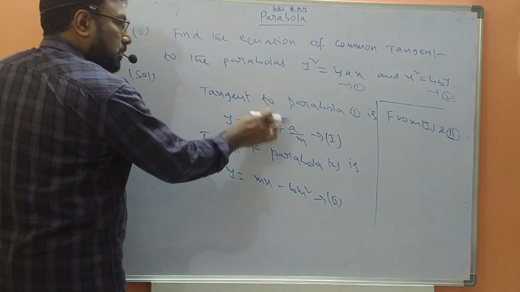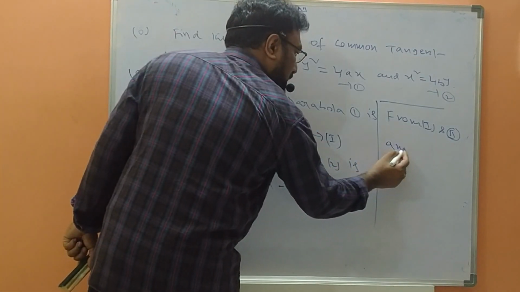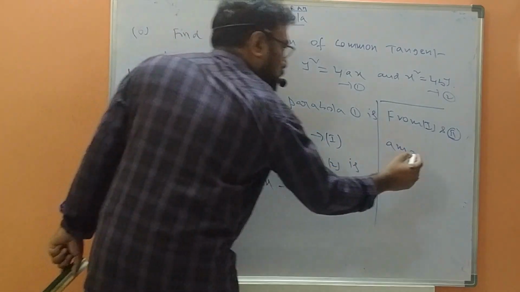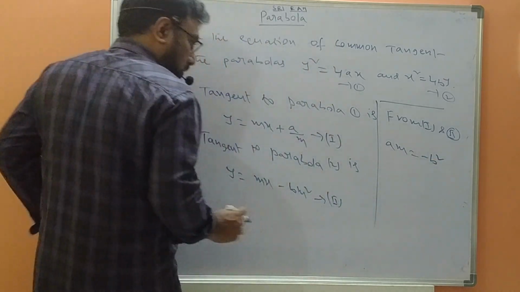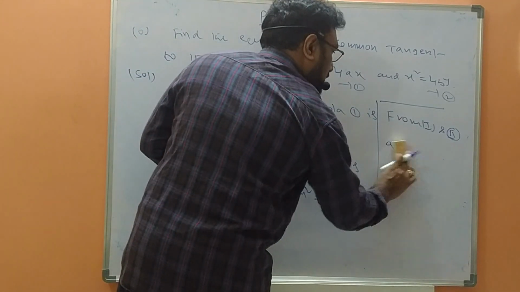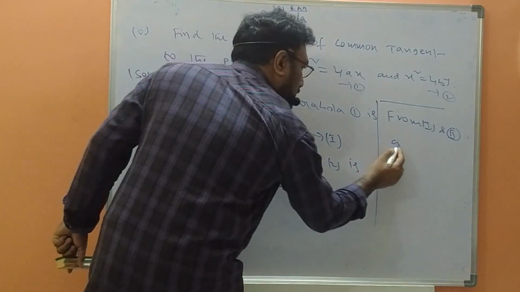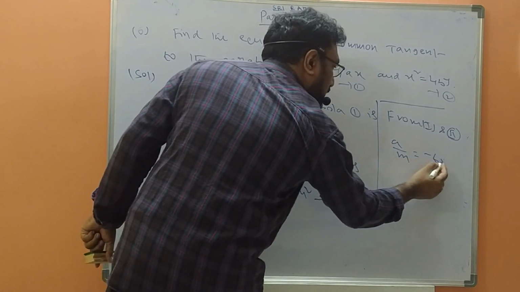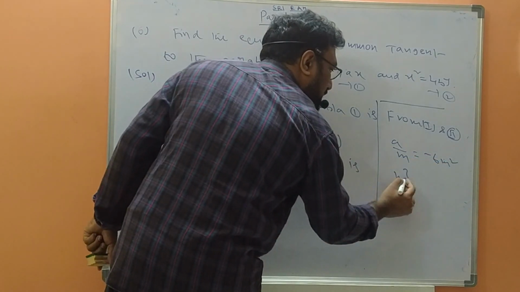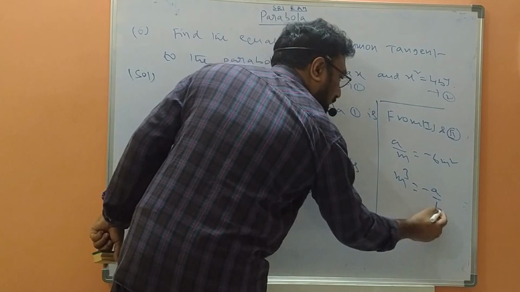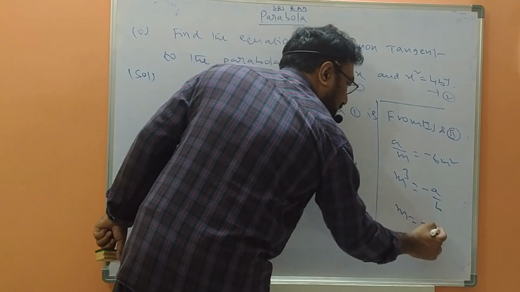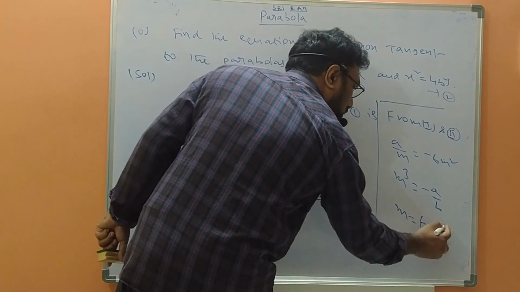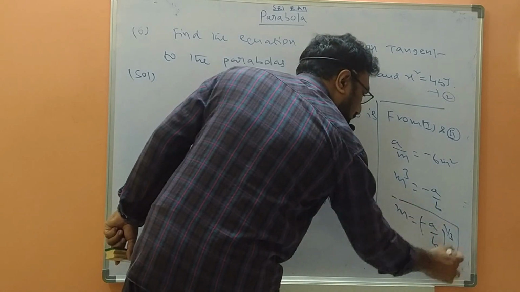Comparing 1 and 2, we are getting a by m is equal to minus bm square. So m cube is equal to minus a by b. M is equal to minus a by b whole to the power of 1 by 3.